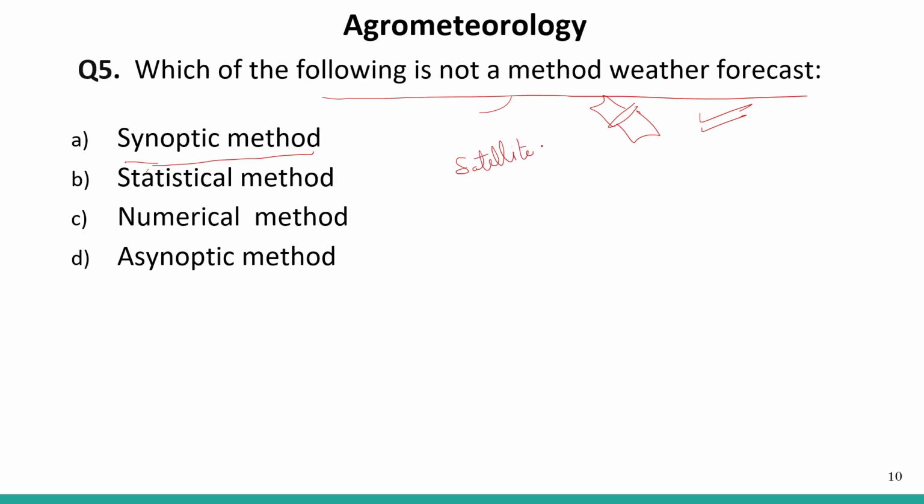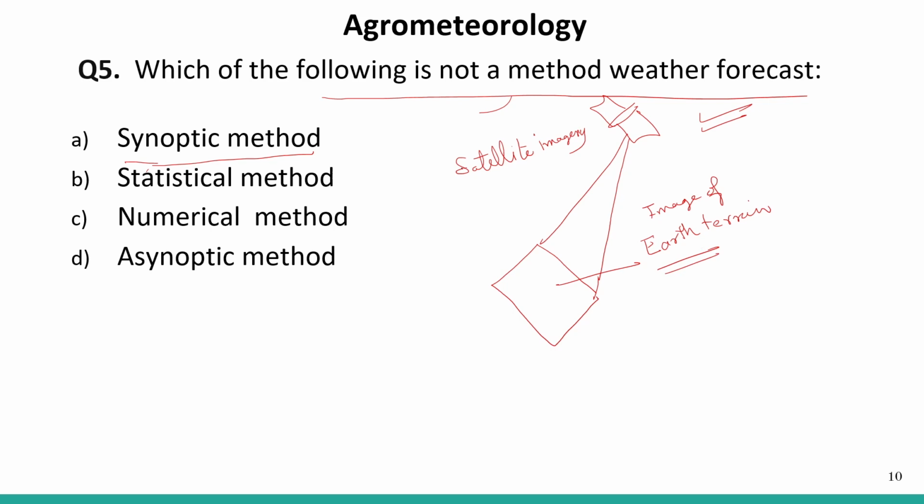Satellites, with a synoptic view, take images of the earth's terrain.